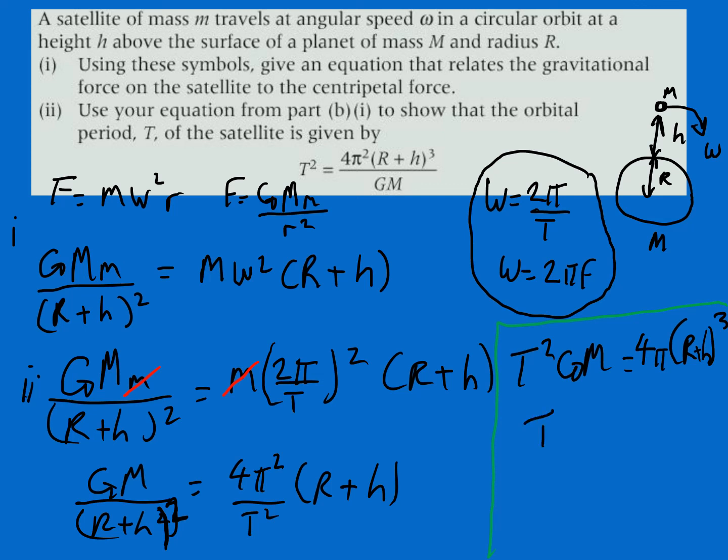Then all we need to do is divide throughout by GM. So we get T squared equals 4 pi squared (R plus h) cubed over GM. Okay, so that's what we need to do to prove that.